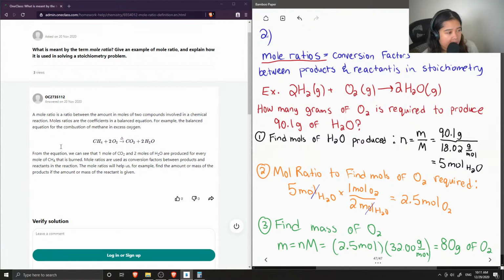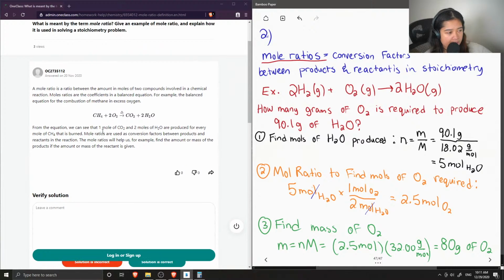A mole ratio is a ratio between the amount in moles of two compounds involved in a chemical reaction. Mole ratios are the coefficients in a balanced equation. For example, the balanced equation for the combustion of methane in excess oxygen is the following.